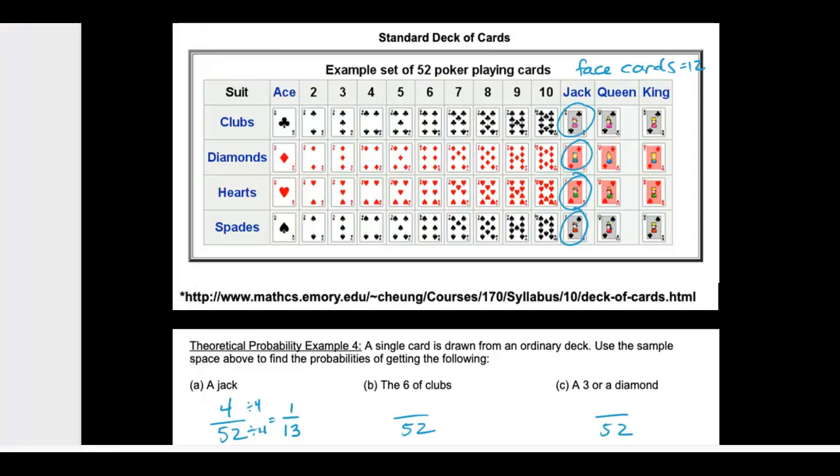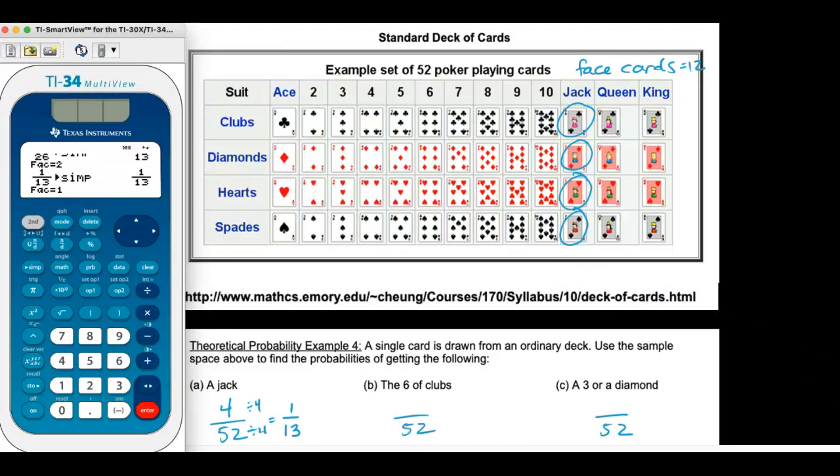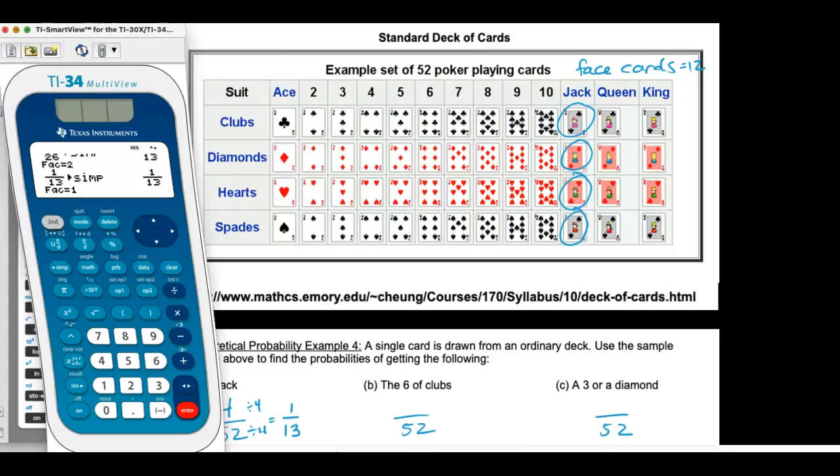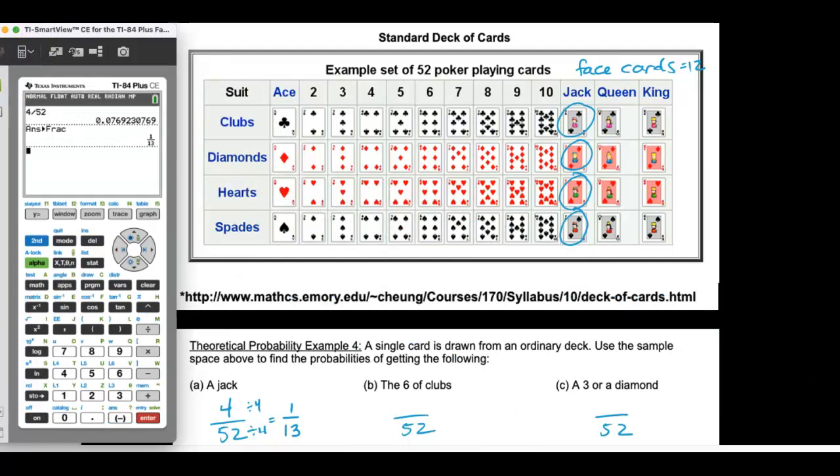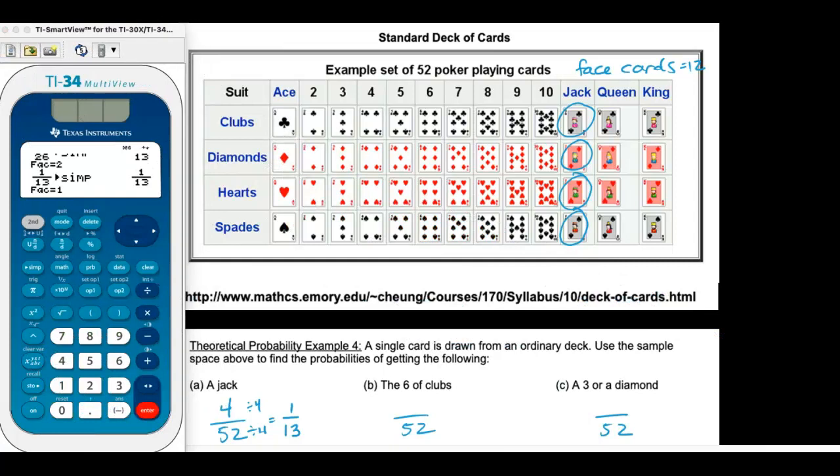If we were to write down the decimal, you would end up getting 0.0769 for the decimal for that one. So we can write that down as well. On this calculator, if you want to do the decimal, you can also just do 1 divided by 13 and get the decimal that way.